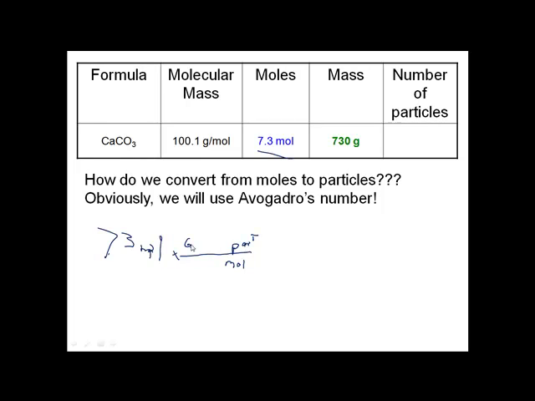And we're going to use that 6.022 times 10 to the 23rd particles. Sorry if you can't read that. From here, again, we just multiply them out. Moles cancels out. And we get 4.4 times 10 to the 24th particles. All right, pretty easy stuff.